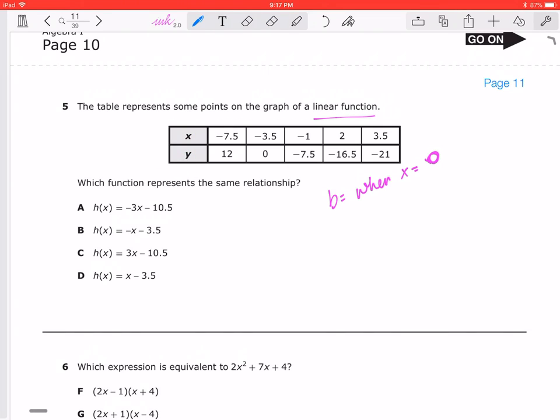So now, when I go from negative 7.5 to negative 3.5, I'm adding 4. When I go from negative 3.5 to negative 1, I'm adding 2.5.